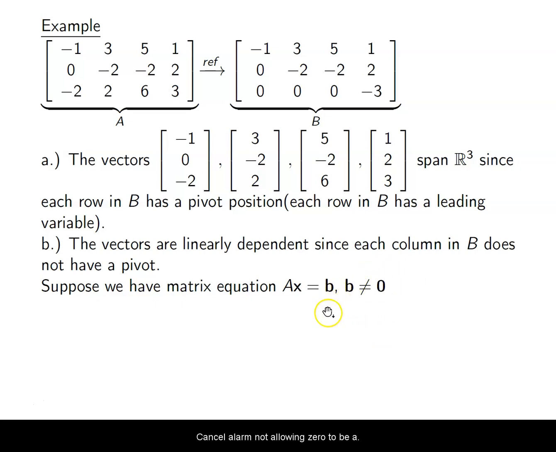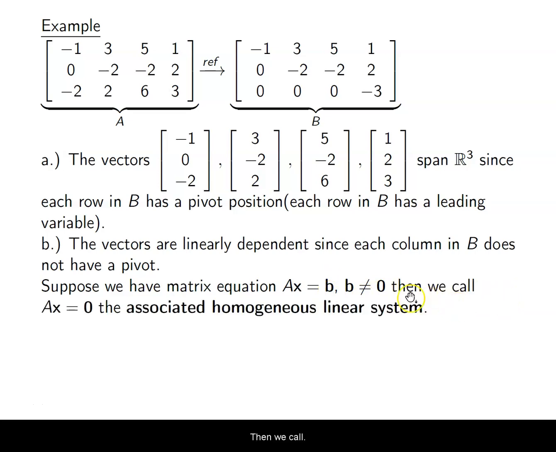Here I'm not allowing B to be the 0 vector. If I take B away and replace it with the 0 vector, this new equation, where all I changed was the right-hand side, we call the associated homogeneous linear system.